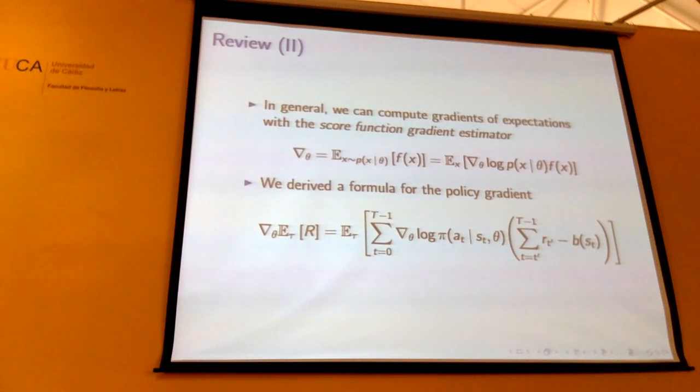John? Yeah. Just so this baseline, the condition for this baseline that it's legal to put it there and doesn't change the expectation is that it's just to be independent of theta, right? It has to not depend on theta. So anything that you compare that is independent of theta doesn't change the value of the right-hand side, right? Right, it can't depend on theta. It can depend on any variables that are sampled before action sub t.